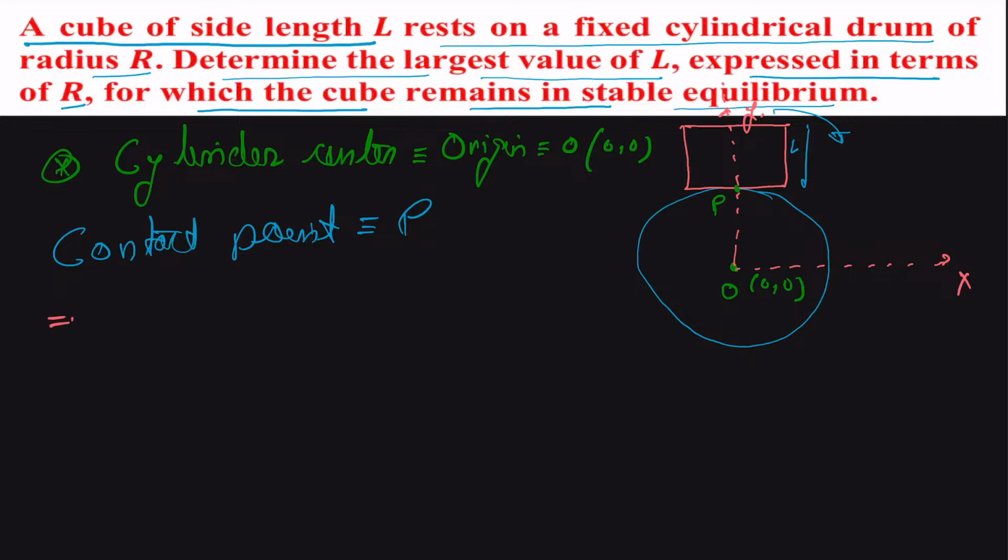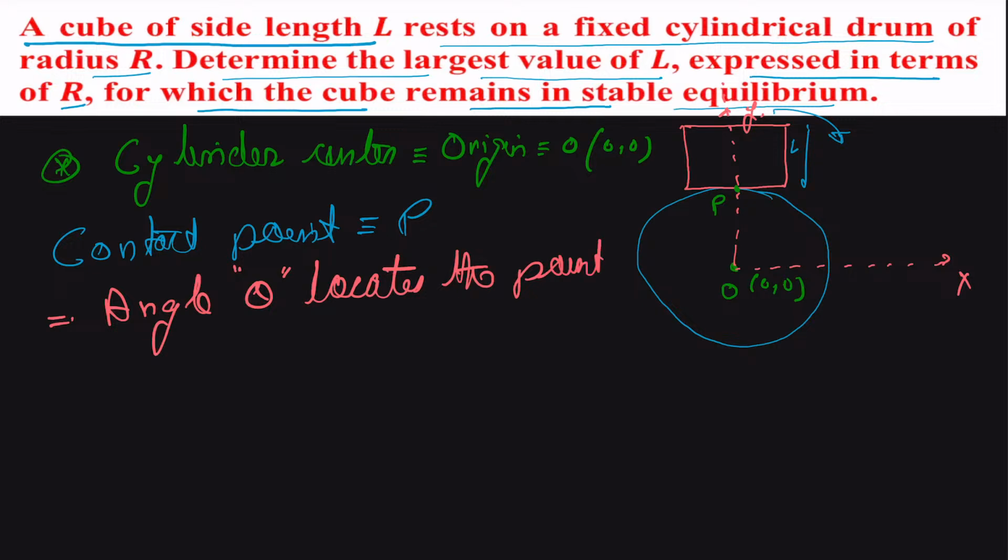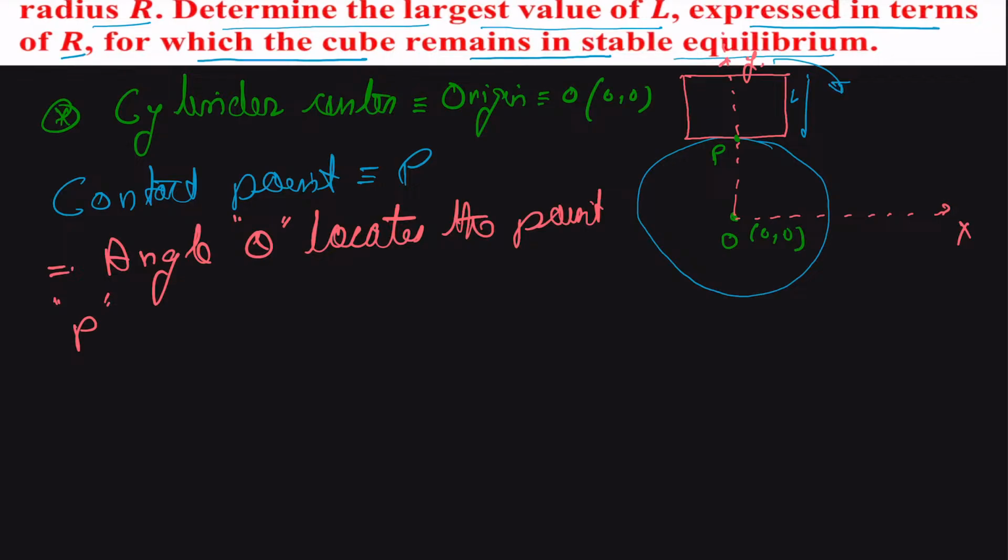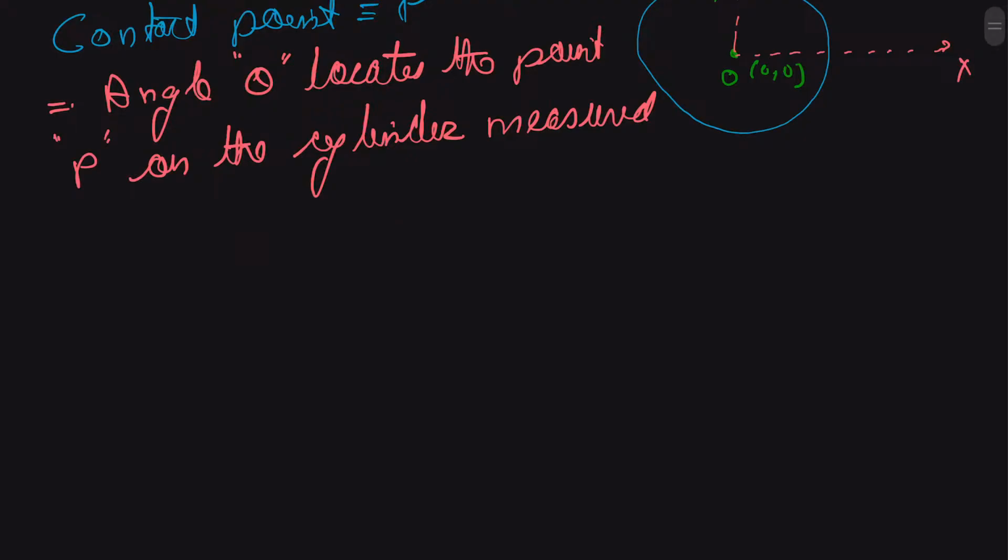Okay, so we can say that our angle theta locates the point P on the cylinder, and is measured from the top.